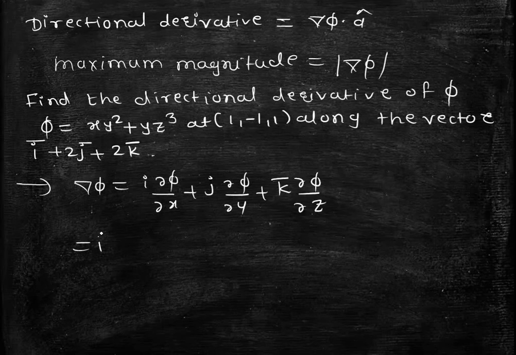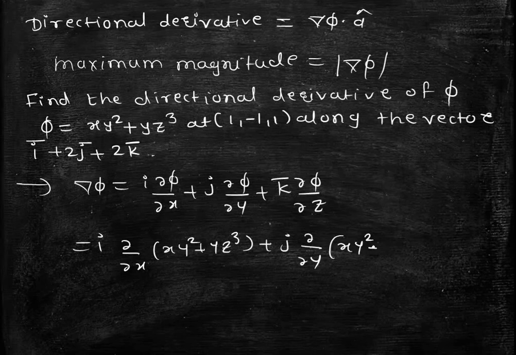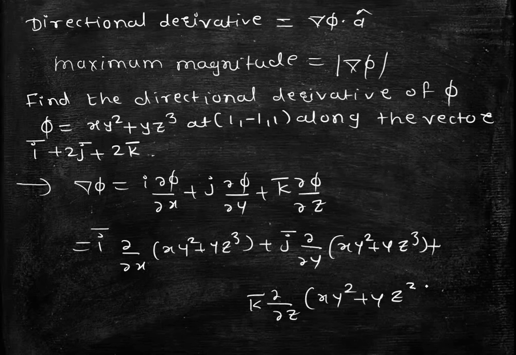That is i bar times delta by delta x of (x y square plus y z cube), plus j bar times delta by delta y of (x y square plus y z cube), plus k bar times delta by delta z of (x y square plus y z cube). With respect to x, the y z cube term is constant, so its derivative is 0.